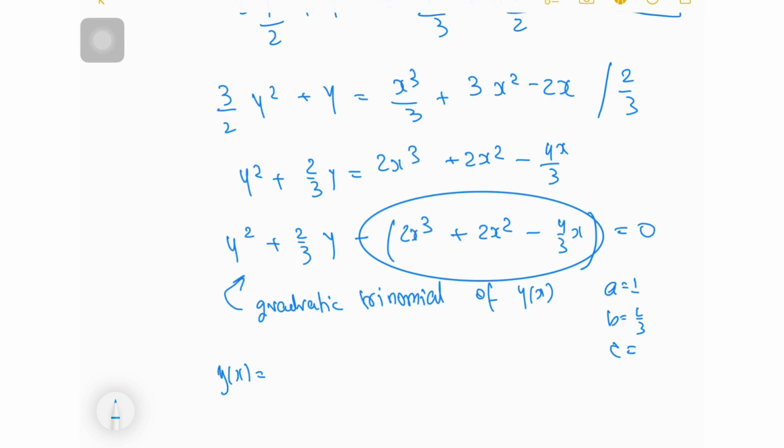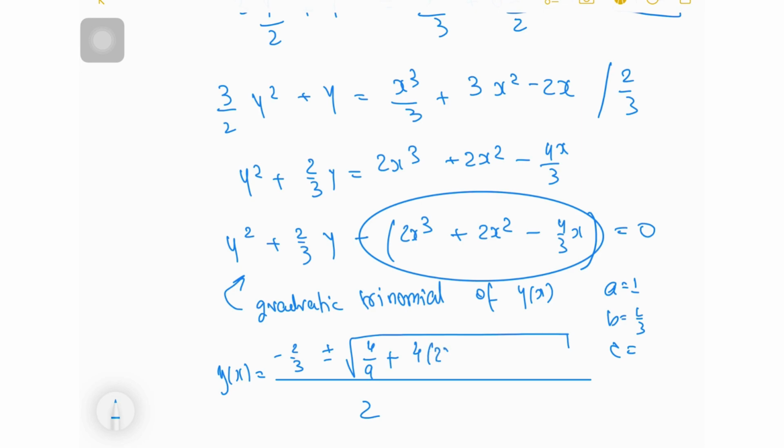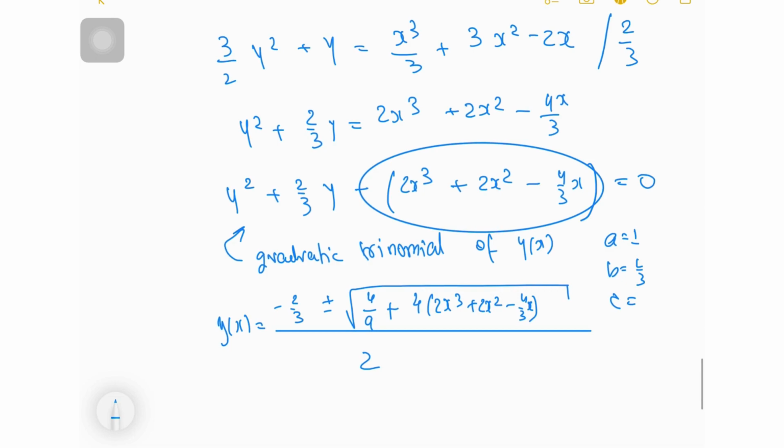So we can write minus 2 over 3 plus minus the square root of b squared, which is 4 over 9, minus 4ac, so 4 times, so it will be plus, and then 2x cubed plus 2x squared minus 4 over 3 x, and then over 2.